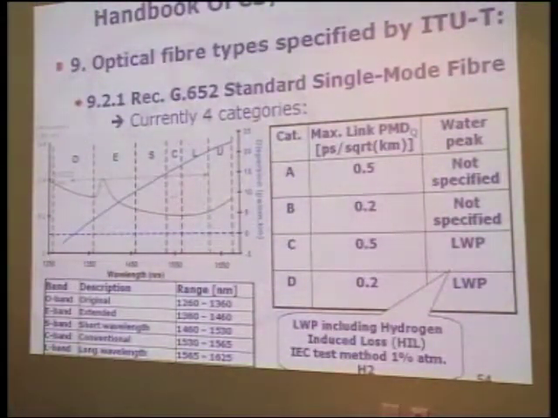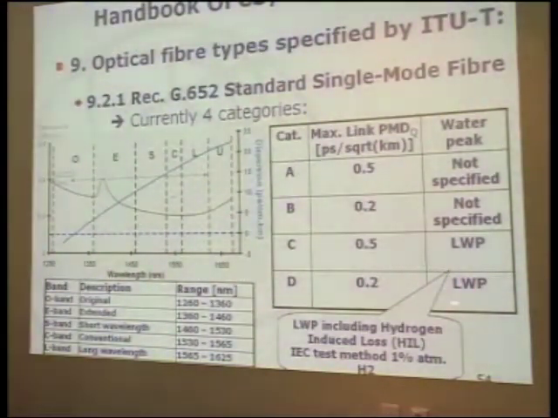Maybe you have seen that somewhere else, but I repeat it again. We have an O band, which is characterized in ITU from 1260 to 1360 nanometer. That is the first band where optical transmission started. We have the E band, which became available with the lowering of the water peak.